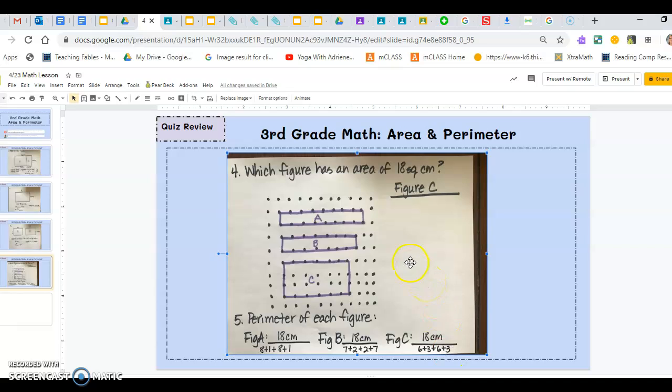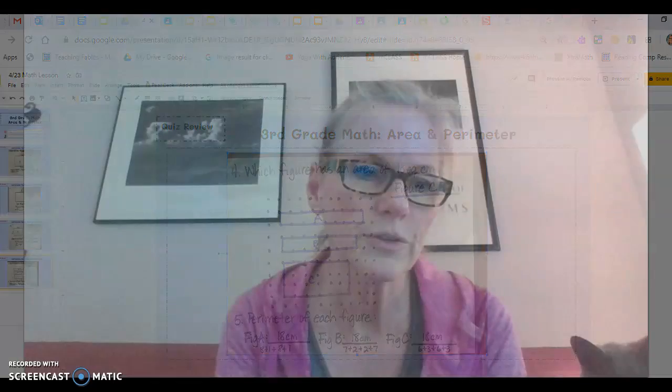So not only is labeling your answer important, boys and girls, it's also important to show all of your work. I wanted to show you my work so that you could get an idea of what showing your work looks like. Many of you can actually solve the problem in your head. I can't do that, so nice job for you. I don't have that kind of mind.